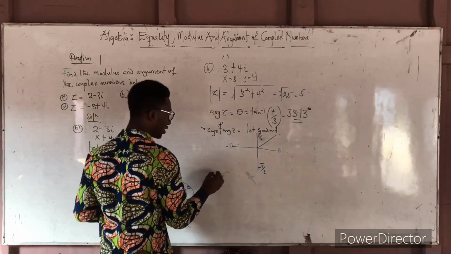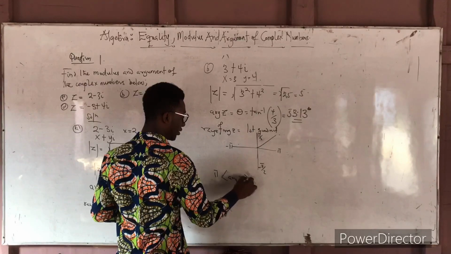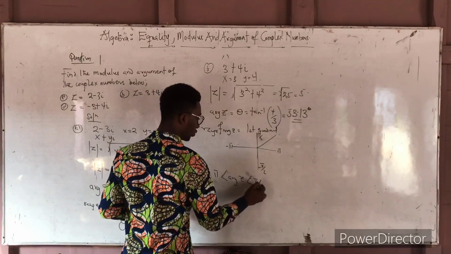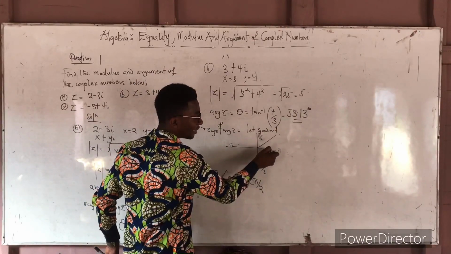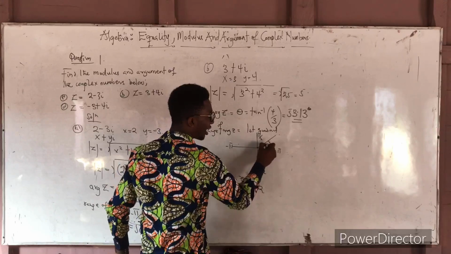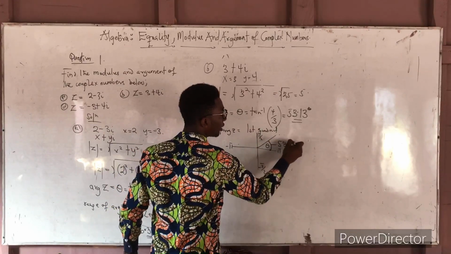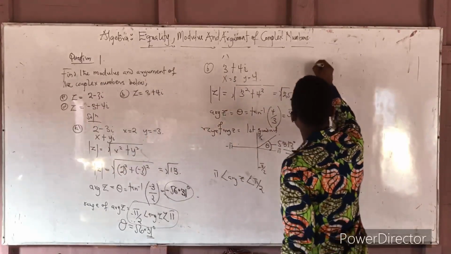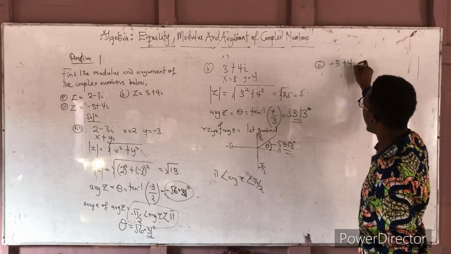So that means the range of the argument of z is within pi on 2. So now calculating the angle from the positive axis, this angle is what we calculate as the argument. That's 53.13 degrees.